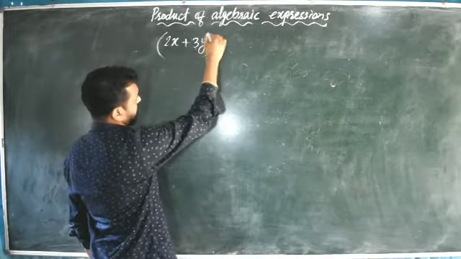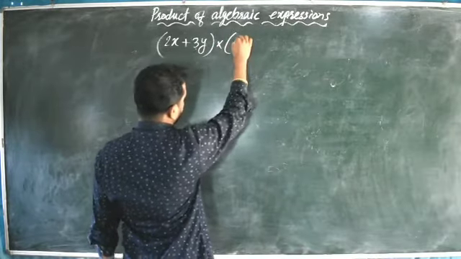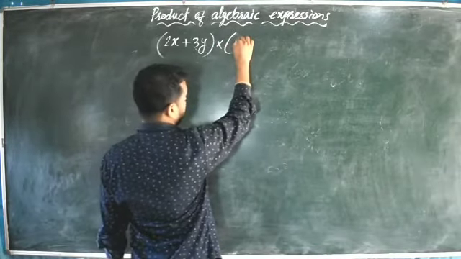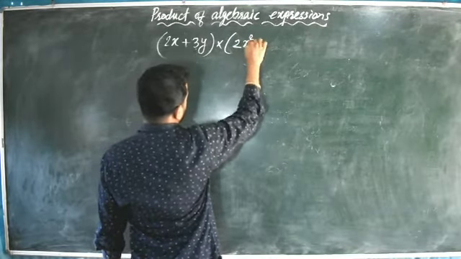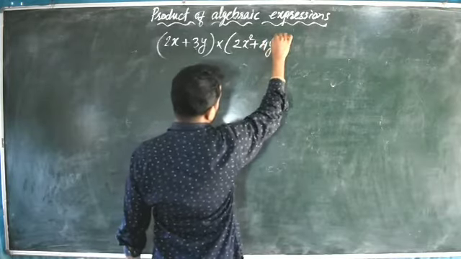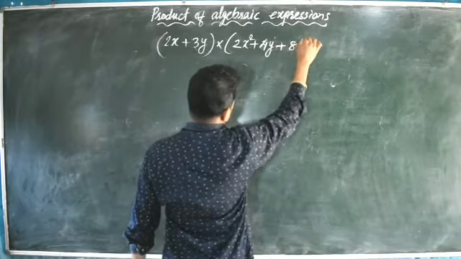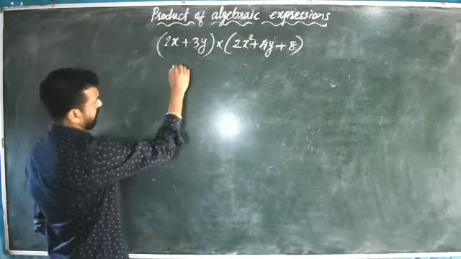X plus 3y is a binomial into a trinomial. How can we multiply a trinomial? That we are going to study here. So I am going to write a trinomial here. Suppose it is 2x square plus 4y plus 8. That is a trinomial. Now multiply this one.